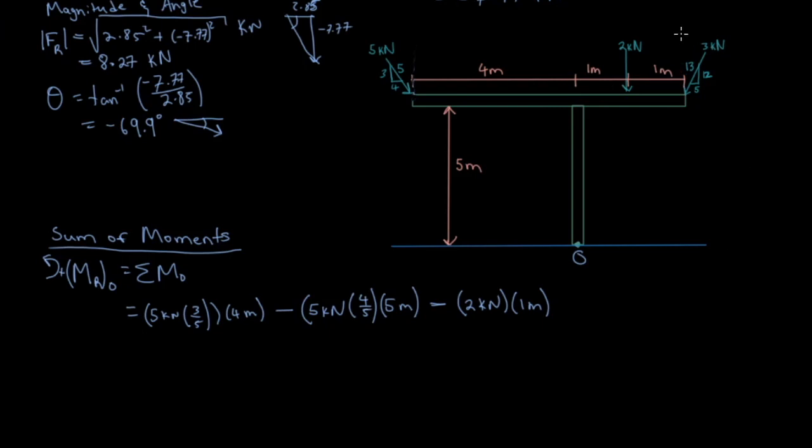Since this component is on the right side of O and it points downwards, it's going to cause a clockwise rotating tendency, which means it's going to be negative. So we write minus 3 kilonewtons times 12 over 13, times the perpendicular distance, which is 2 meters.